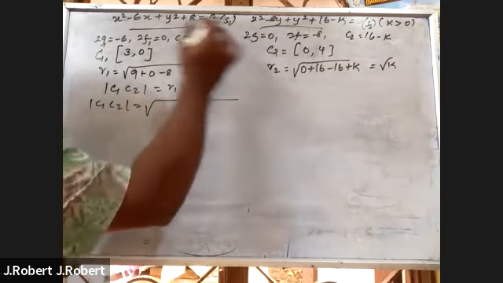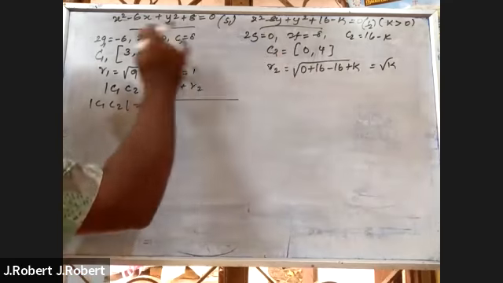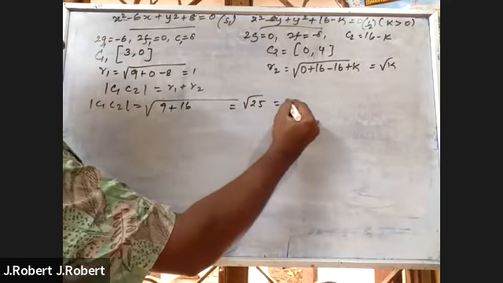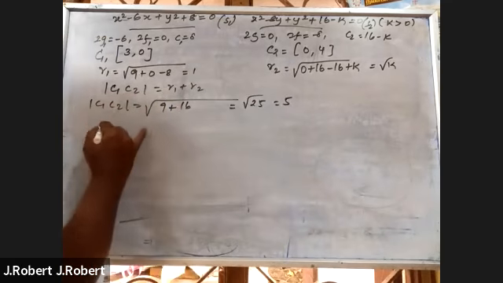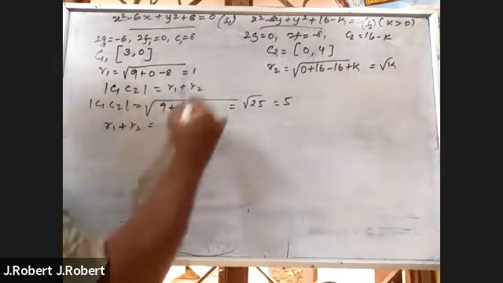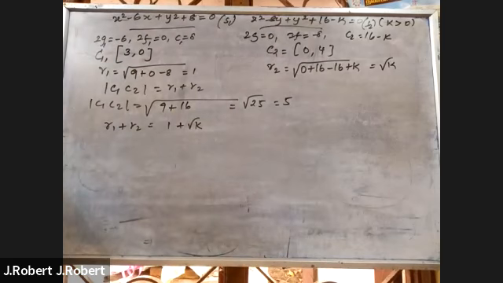Square root of x2 minus x1 the whole square, 0 minus 3 the whole square, 9, plus 4 minus 0, 16, which is equals to square root of 25, which is equals to 5. Next, R1 plus R2. Your R1 is 1. Your R2 is root k.